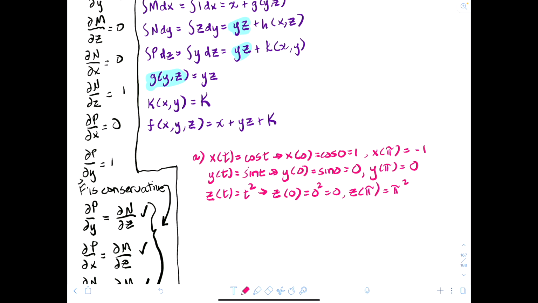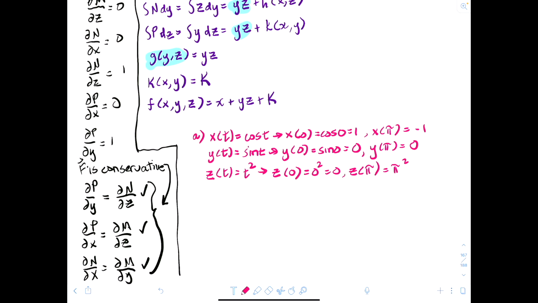But once we did all that, it becomes a little easier, because the integral over that piecewise smooth curve of f dot dr turns out to be equal to the potential function evaluated at x of b, y of b, z at b, minus the potential function evaluated at x at a, y at a, z at a.